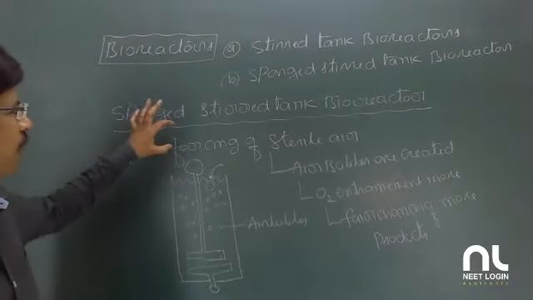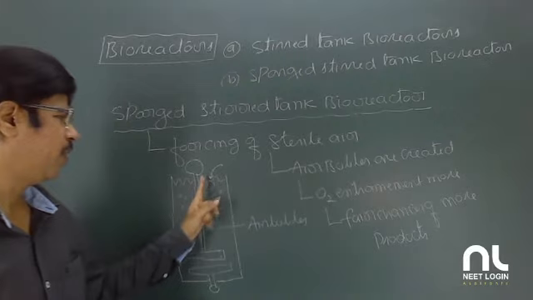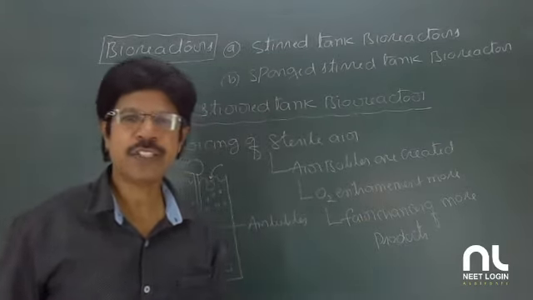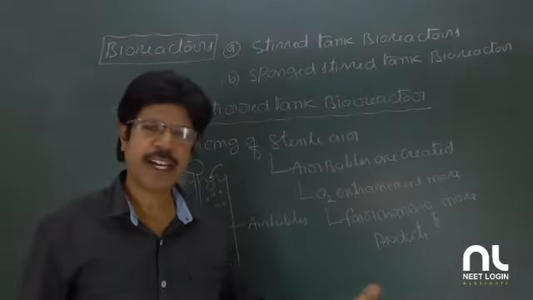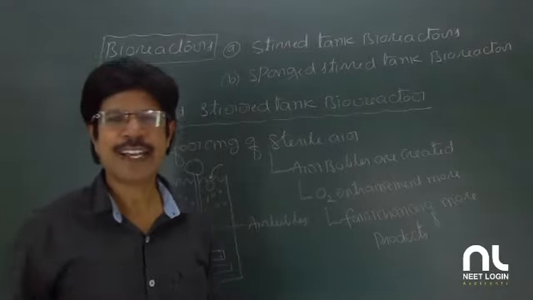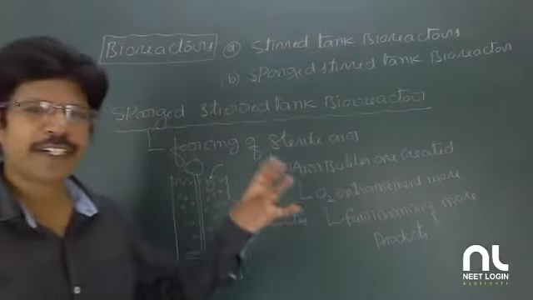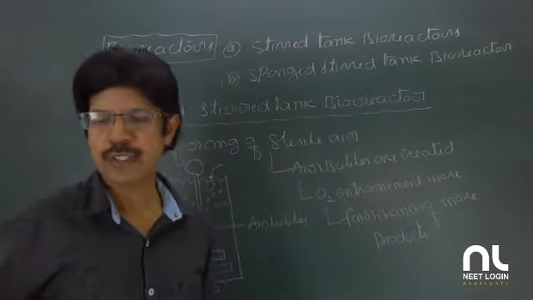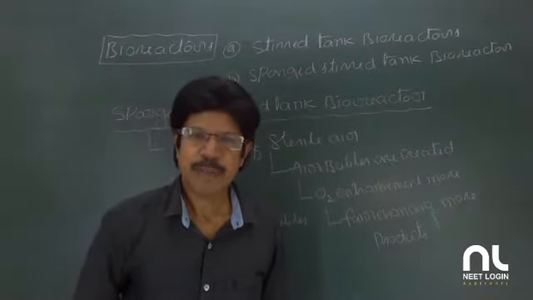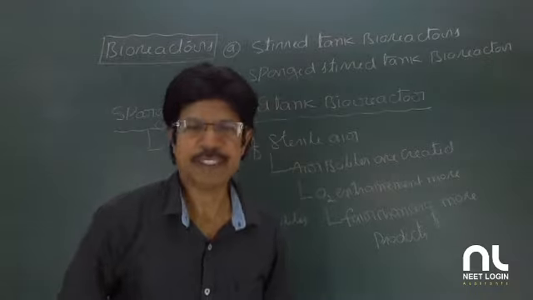The three key points: forcing of sterile air, bubbles are created, oxygen entrainment will be more, so we can expect fair chances of high productivity in the sparged stir tank bioreactor. Sparging is forcing of sterile air. So there are two bioreactors: the stir tank bioreactor, and second, the sparged stir tank bioreactor.